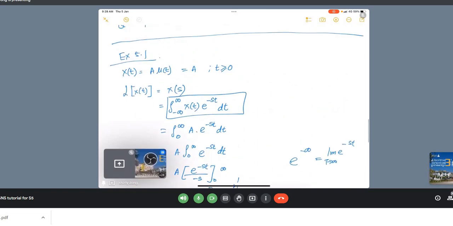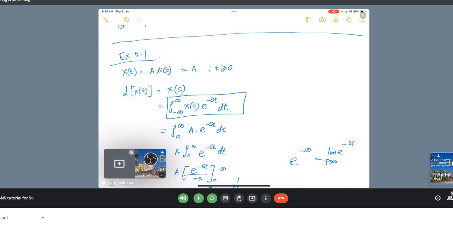Okay, so if I want to change you from Fourier transform to Laplace transform, you need some time. First of all, you need to know Fourier transform is in omega domain, and Laplace transform is in S domain.